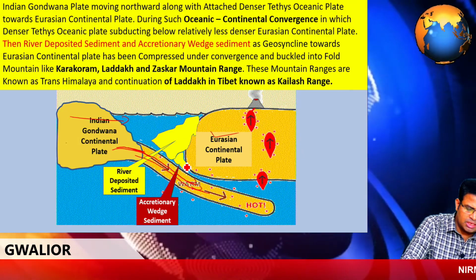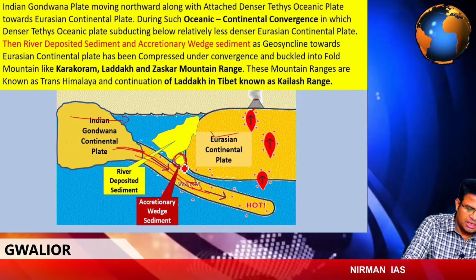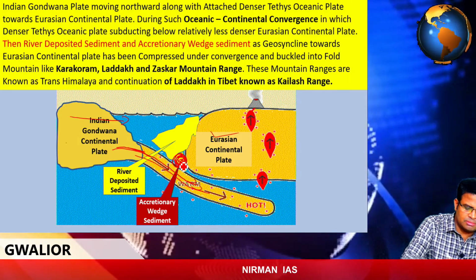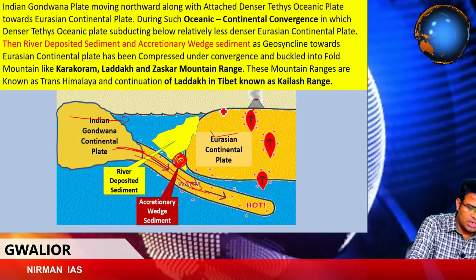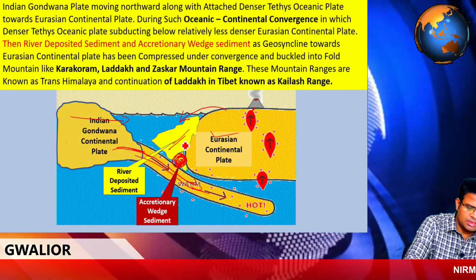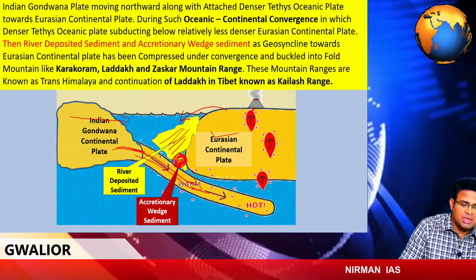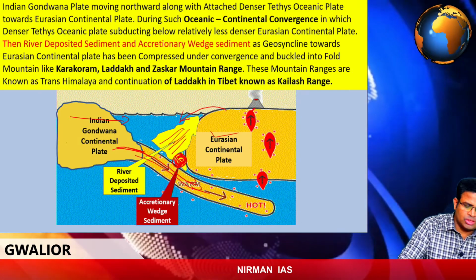Due to this there is a formation of scratch related accretionary wedge sediment, and at the same time from the continental side of Eurasia there is a large amount of river deposited sediment. These two sediments form a geosyncline.